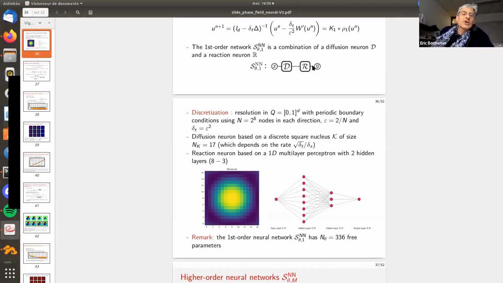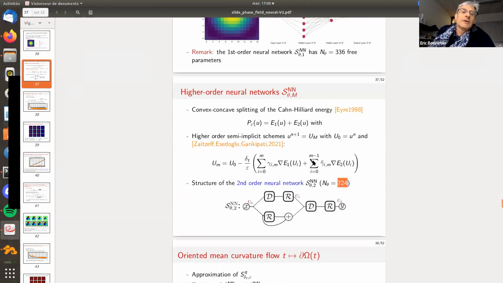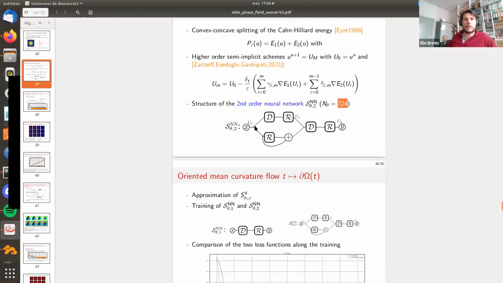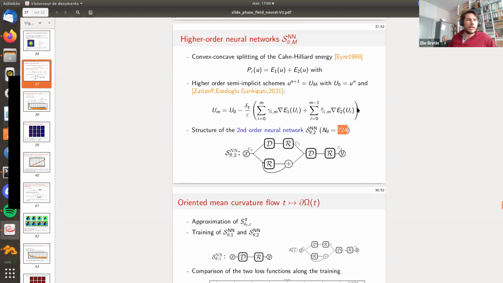All right, but you don't have a theory that says, well, you could develop neural networks for the 1, 2, 3, 4, whatever. No, but I know that if I want to learn the Allen-Cahn equation, with this neural network I can do better than this scheme, which has an error in delta t square.